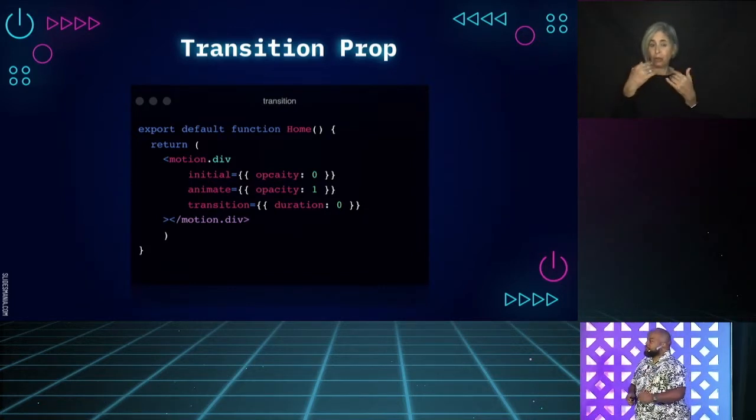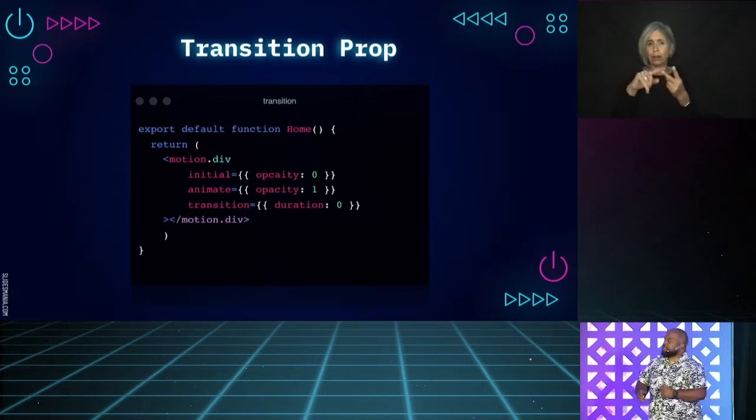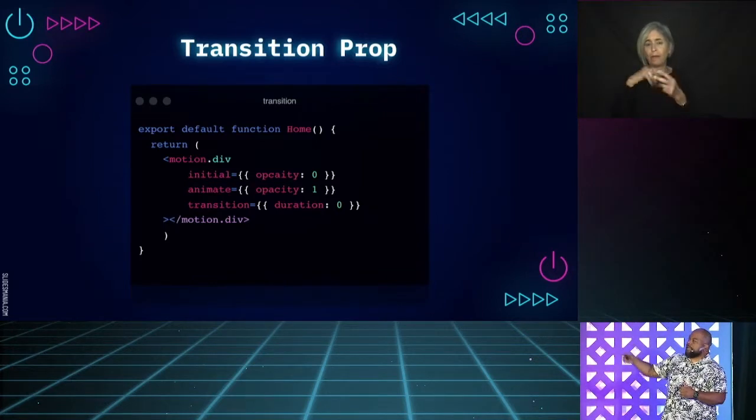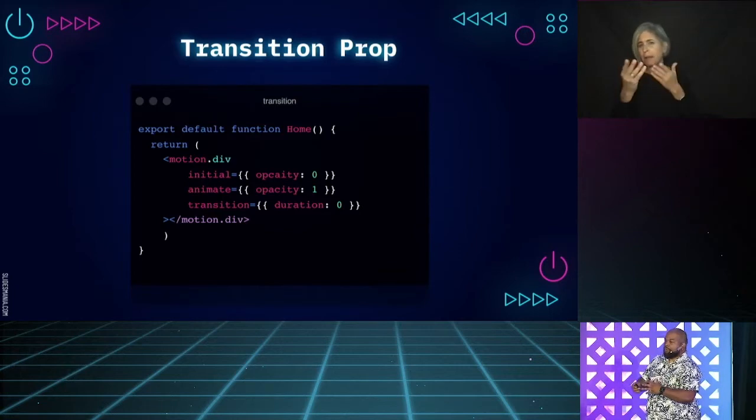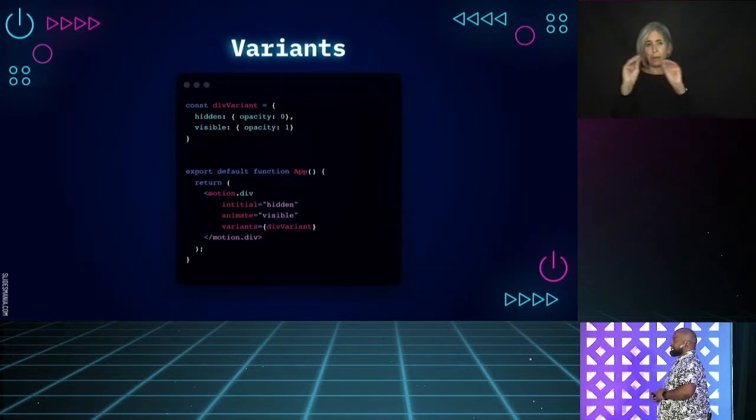Now you have initial, you have animate, you have transition. As you see, we're starting to add a lot of props. If you dive even deeper into animations and customizing, you can start to see that, okay, maybe this component is getting really, really large. So in order to handle that, Framer Motion has variants.